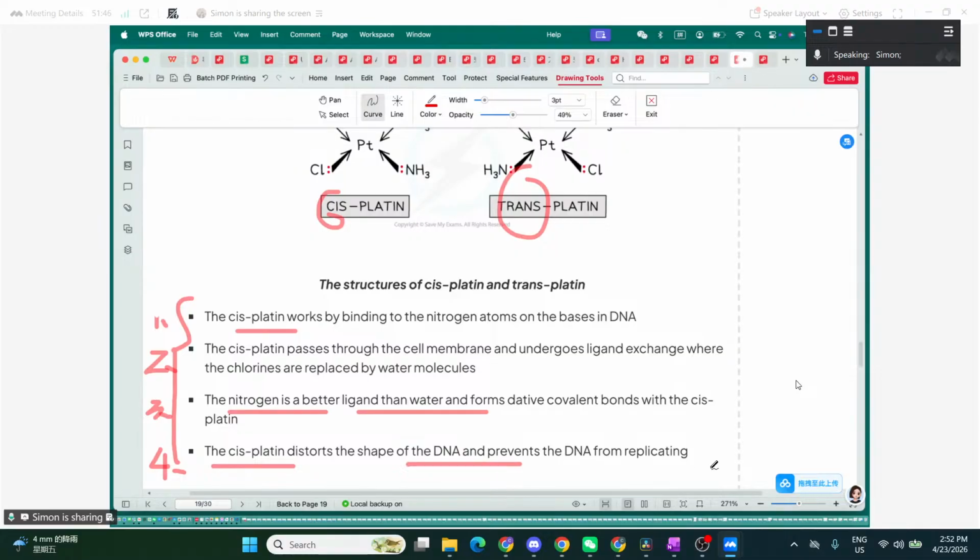This is the basic principle of cisplatin.